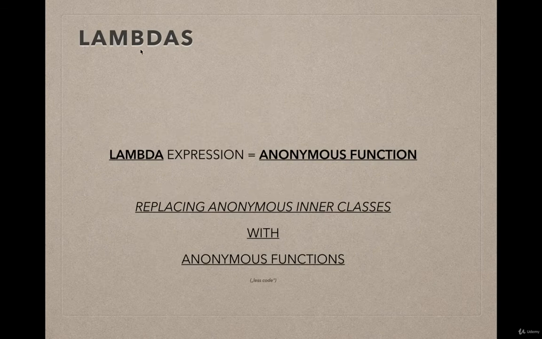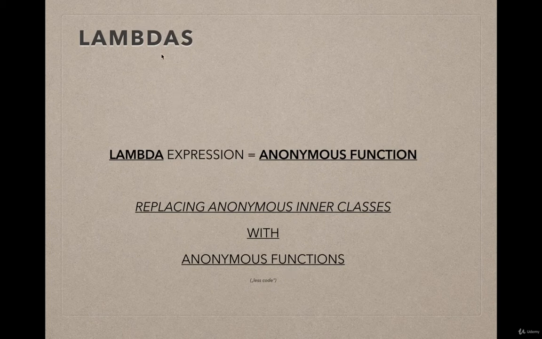What are lambdas? A lambda is an anonymous function. What is an anonymous function? A function without a name. Maybe you know the anonymous inner classes. Now we have anonymous functions.